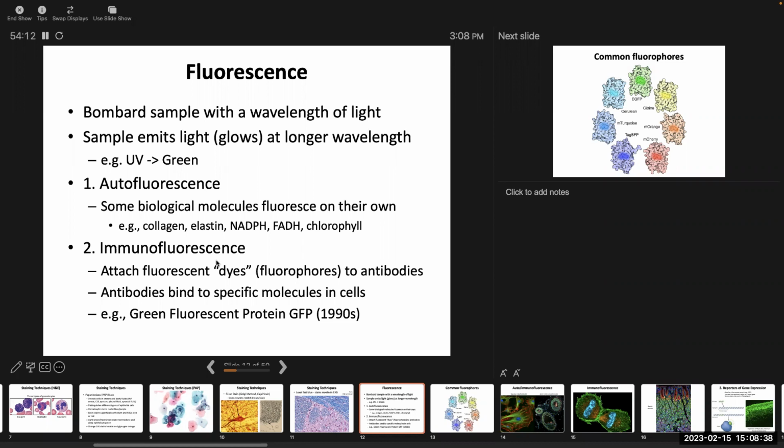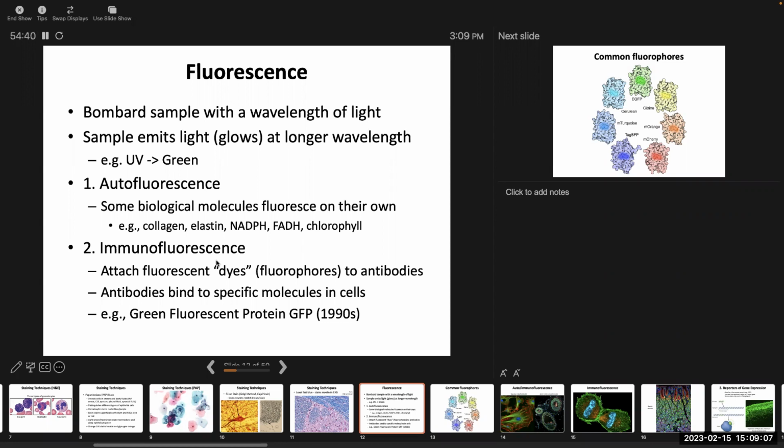A great example is you could shine ultraviolet radiation onto a sample, which is not visible to the eye, so you can't see the UV that you're shining onto the sample, but then the sample glows green in response. And then you can detect the presence of that green glow, and it'll tell you something interesting about the thing that you're looking at.